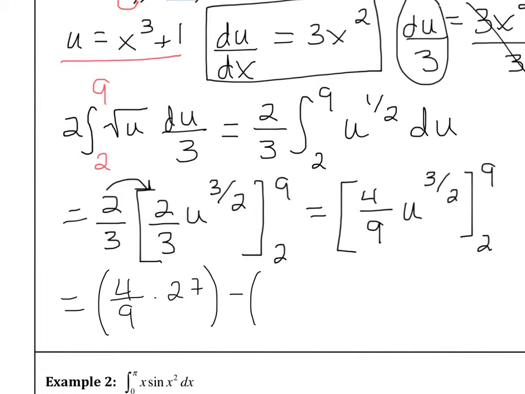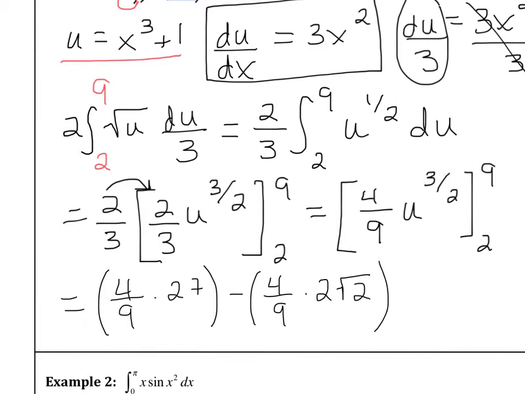All right, so again, the 4/9 is going to hang around. And then 2 to the 3 halves will really mean the square root of 2 cubed. Maybe I'll just write that as 2 root 2.